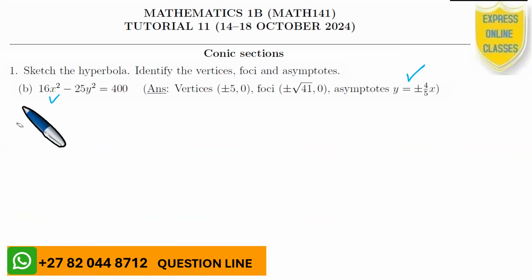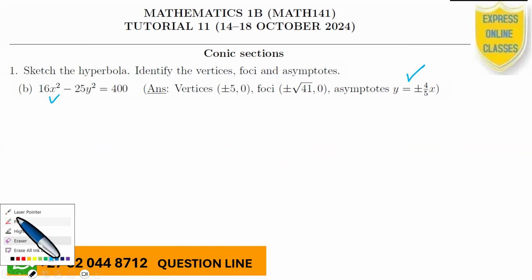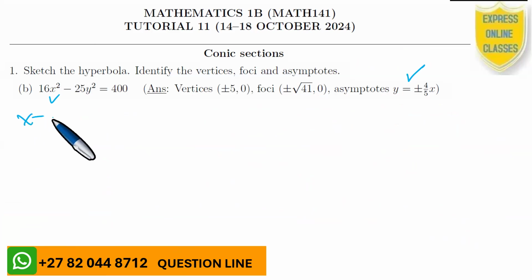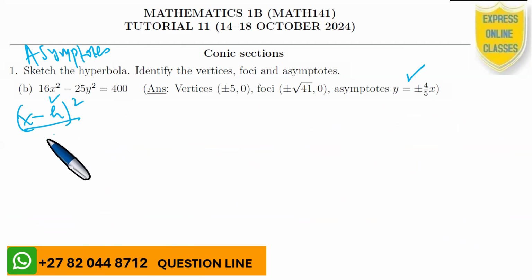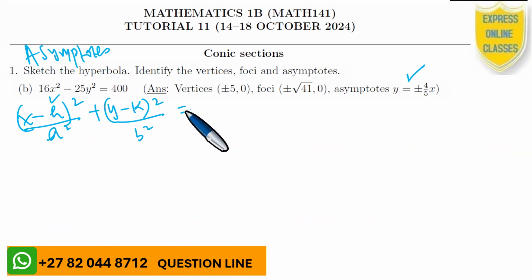Now we return to this. It was saying x is first. So we can write, I want to talk about the asymptotes. h squared over a squared, k squared over b squared is 0.